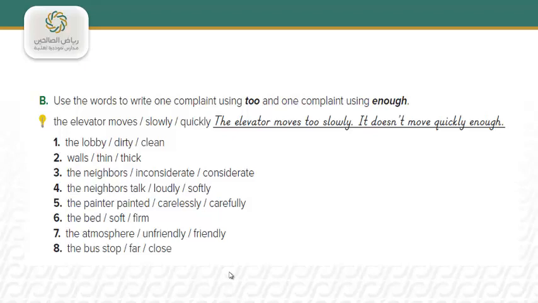The neighbors, inconsiderate and considerate. The neighbors are too inconsiderate. They are not considerate enough. And so on. Have a look.